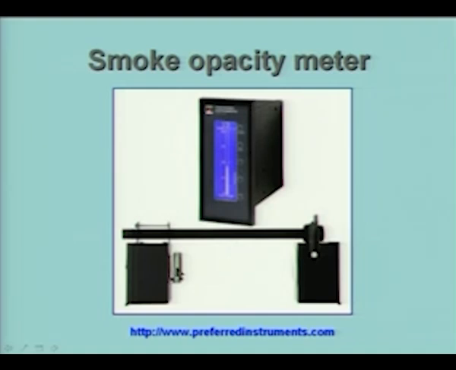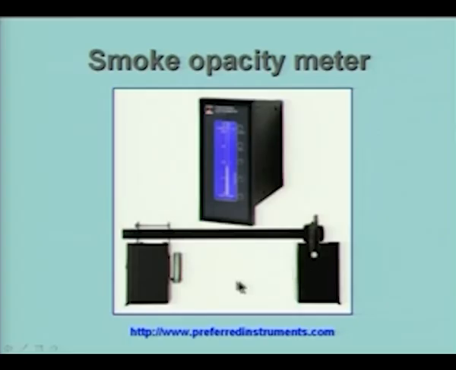So, the light which is leaving this source gets attenuated because of its passage through the dusty atmosphere or the smoke, and then it is measured by this receiver, which usually is a photo detector. By measuring the amount of light leaving here and what is received here, we can find out the opacity of the intervening medium, and of course, we know the length of travel of the light through the particle laden or smoky gas.